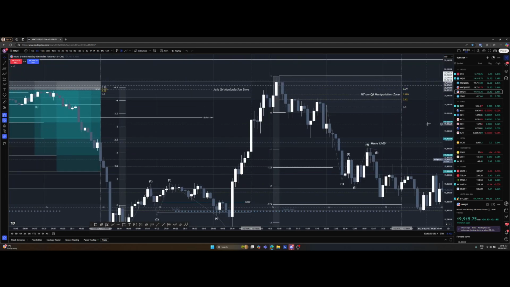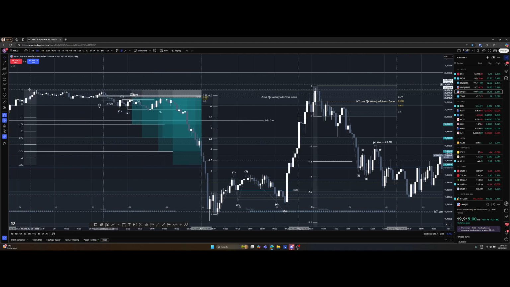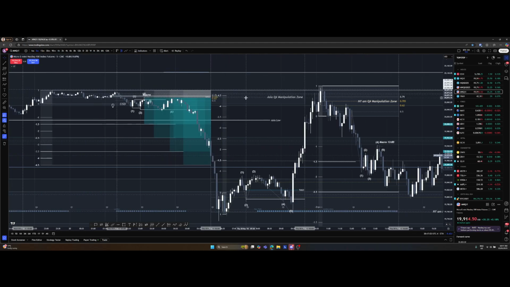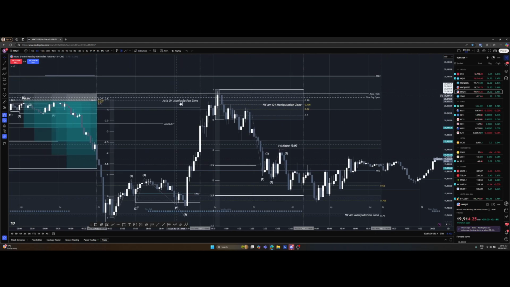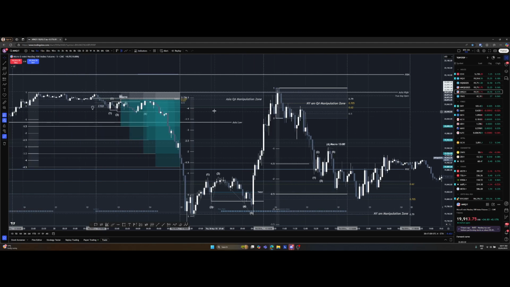And then the next 4 hour, so we've swept liquidity, taken out the highs. We have our break of structure here, our change in state of delivery.